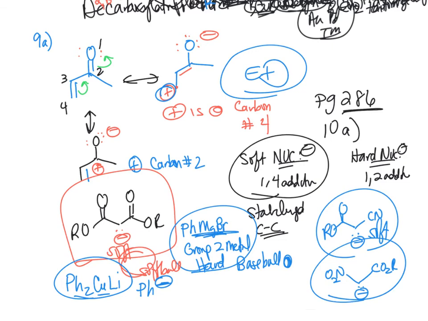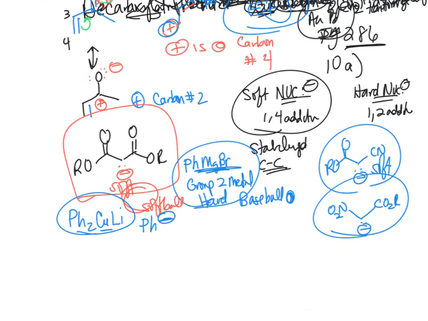Nucleophiles, so 10B, you circle. Yes, nucleophiles donate electrons. The nucleophile would act as the Michael donor. So the 1,4 is an acceptor.